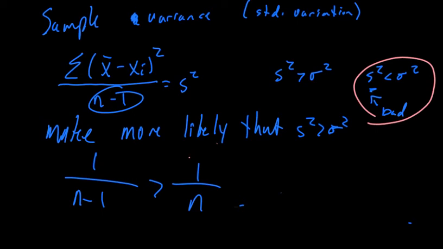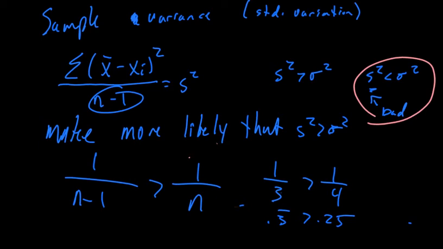For example, 1/3 is greater than 1/4. This is 0.333, this is 0.25. So that's why it's n minus 1 in the denominator, even though you're like, but it should just be n. Other than that, everything's exactly the same between the two.